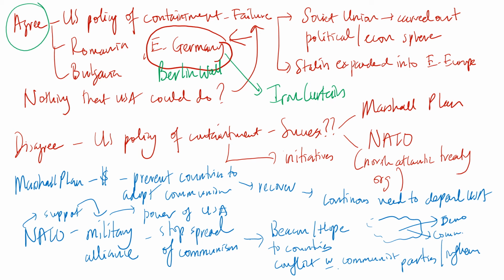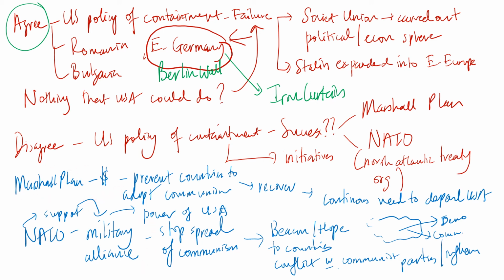Now the next part is really about looking at disagreeing, where we argue that the US policy of containment was a success. So why was it a success? Because of these two initiatives: the Marshall Plan and NATO.